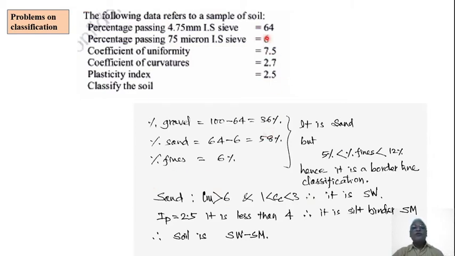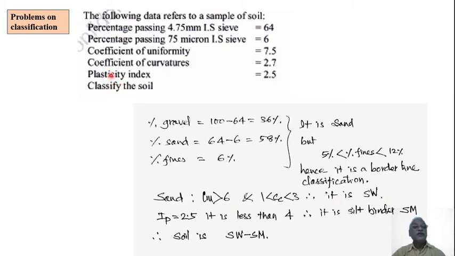In this case, coefficient of uniformity is given to be 7.5. Coefficient of curvature Cc is given to be 2.7. So it is satisfying both the conditions. That's why it is well graded sand.